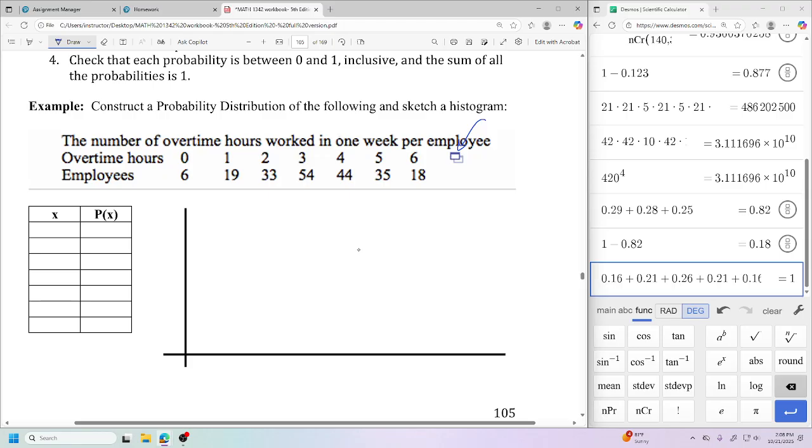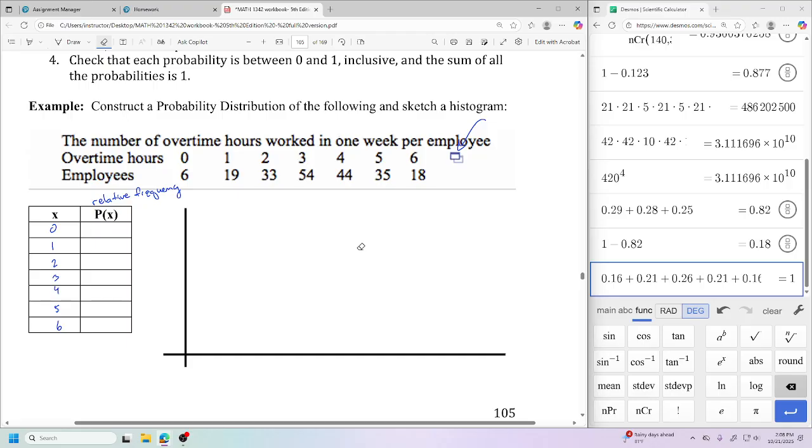Okay. First off, the X's are just the things over here: 0, 1, 2, 3, 4, 5, and then 6. All good. And this probability, another way to call it is relative frequency, and that's going to help you when you go to StatCrunch. When it says relative frequency, you'll probably just get the answer.